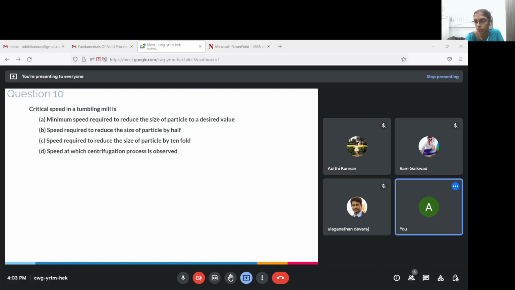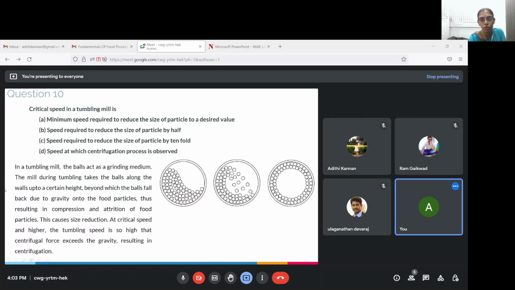So balls will be placed inside the rolling cylinder. Yes, so your grinding medium will actually be the balls inside a mill that is being continuously tumbled or rotated. So what is the critical speed? You'll have multiple balls which act as a grinding medium inside your tumbling mill.